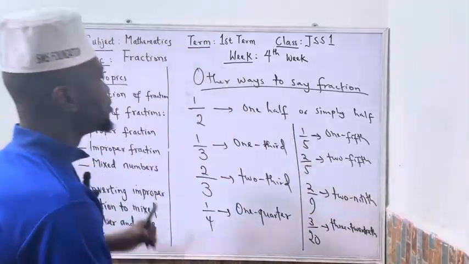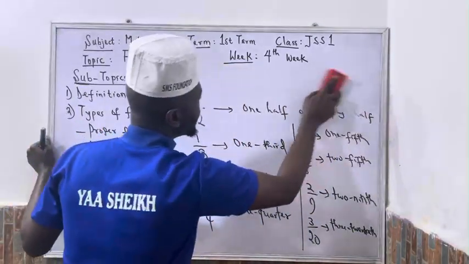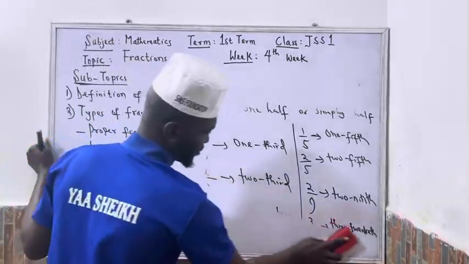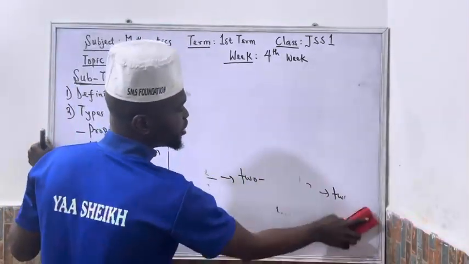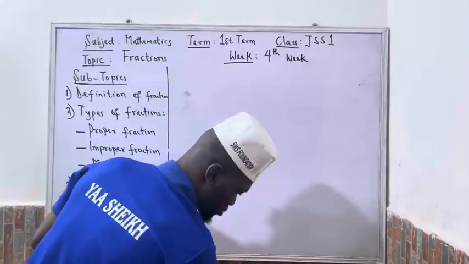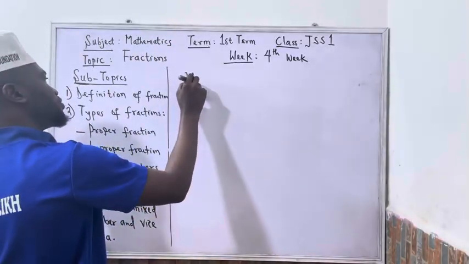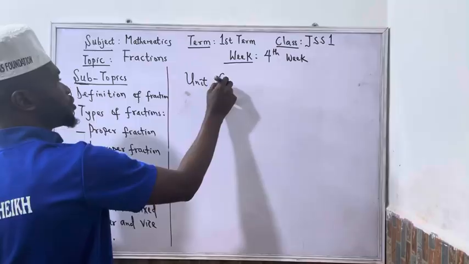Very good. So the last thing that I will give you here is when fractions have numerators of 1. They are called unit fractions.